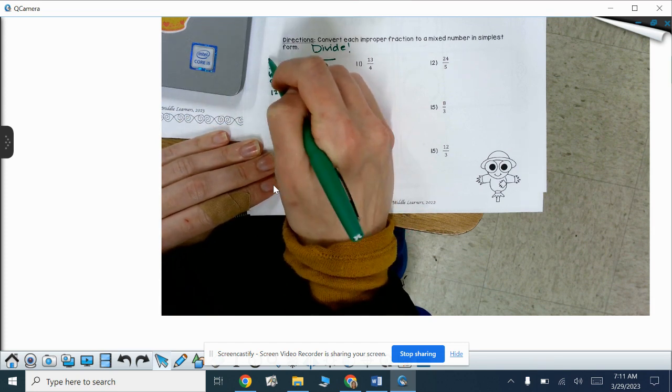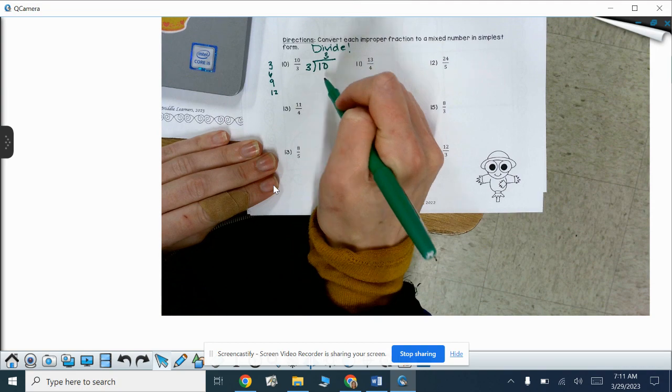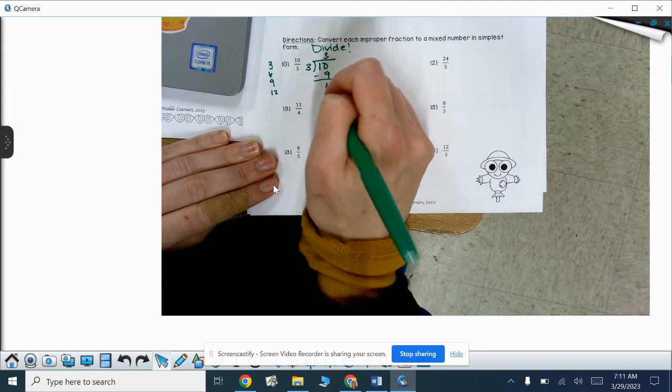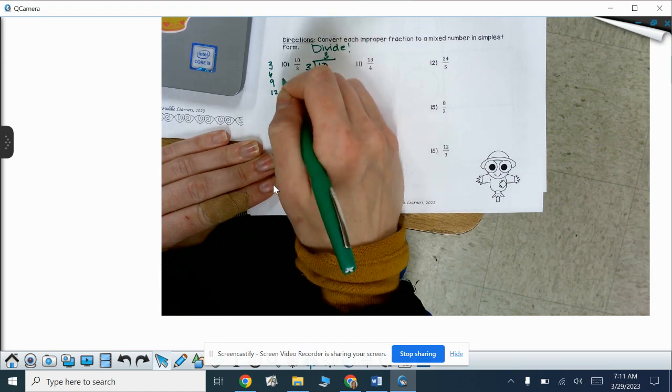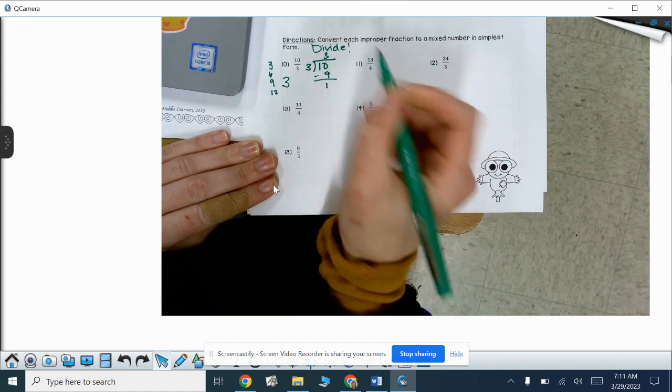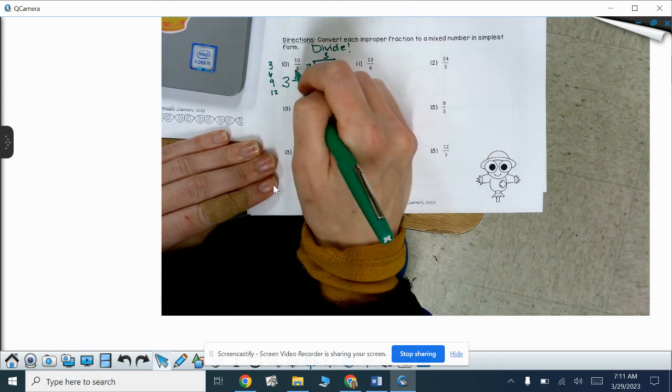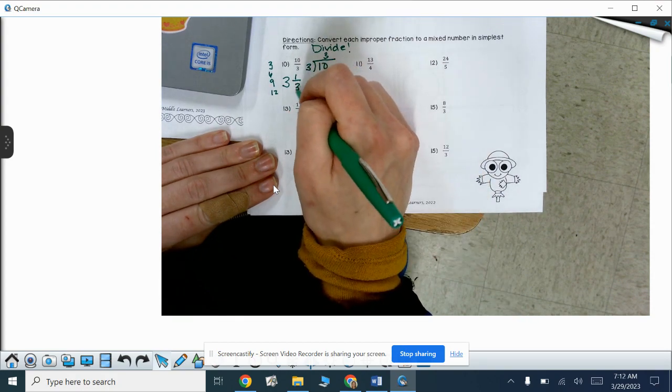So that's too far. So that's 3 times. 3 times 3 is 9, and we get a remainder of 1. So this is my whole number, and this is the top part of my fraction, and my denominator stays the same.